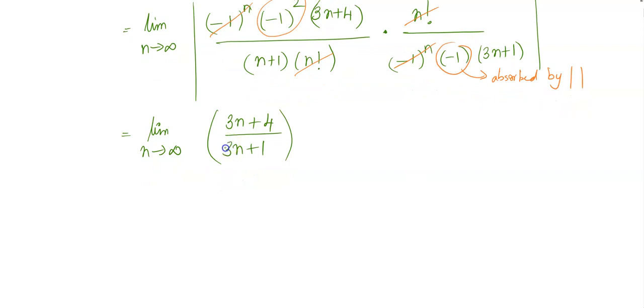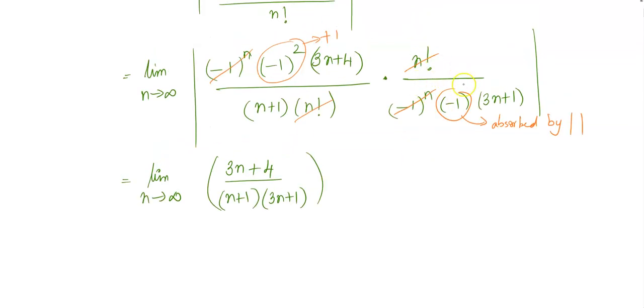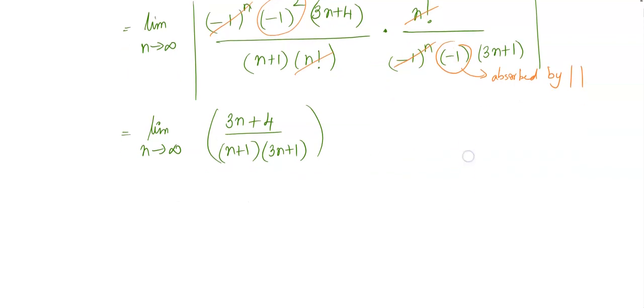Oh, that's a 3n+1. I'm sorry, I missed the 3. And there was an n+1 and a 3n+1 in the bottom. Yes, that's better. So all the others cancelled off. Even then it doesn't change anything because n is a positive integer.